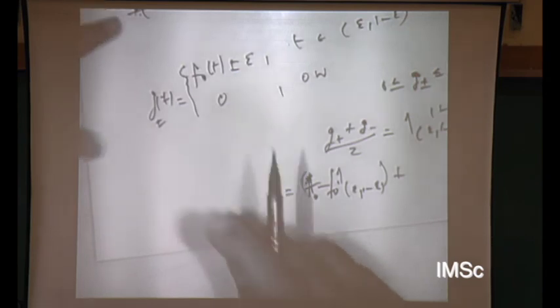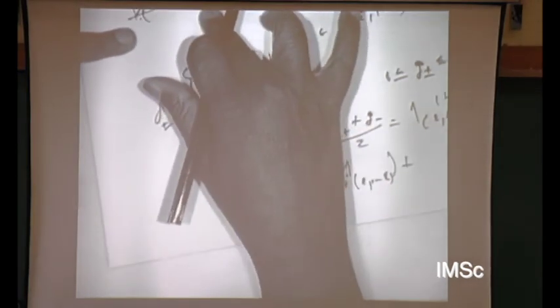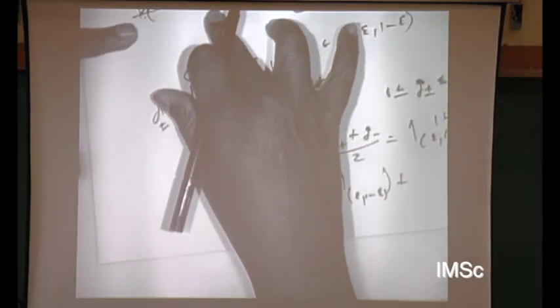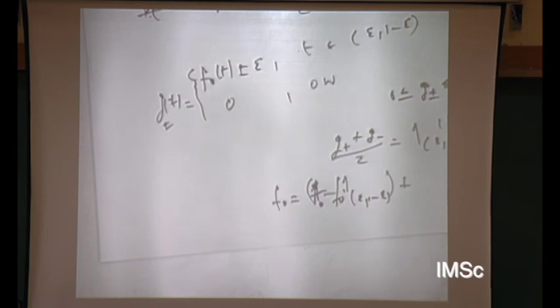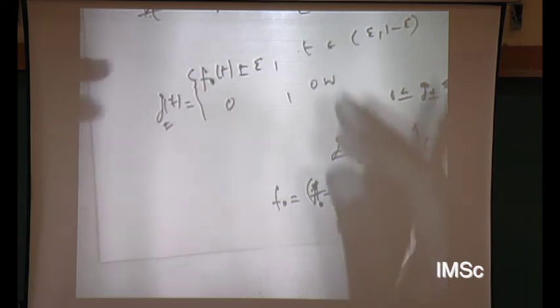And then take the function f naught outside this interval. Then that will give me two functions, f naught outside the interval and inside the interval f naught plus or minus g.